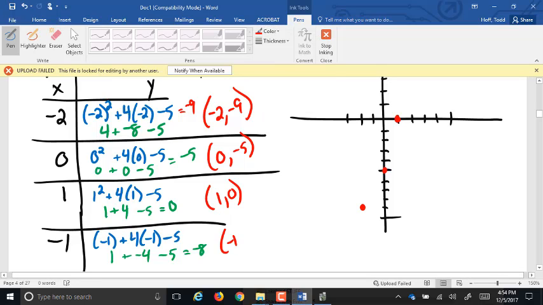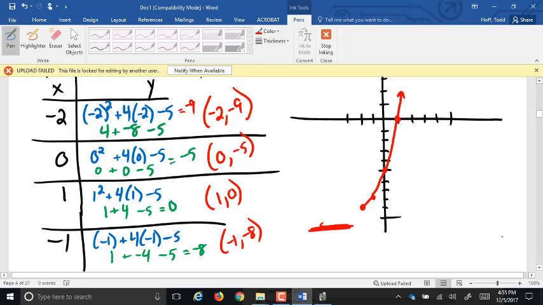So when x is negative 1, y is negative 8. So negative 1, negative 8, that's right here. This is definitely not a straight line. It's going to be a curve here. We need to figure out what it does over on this part of the graph.